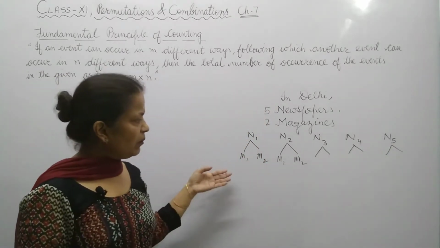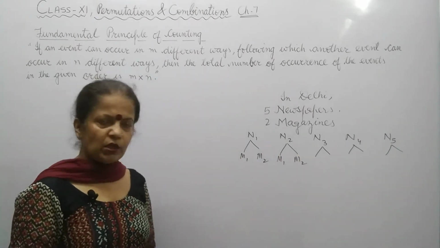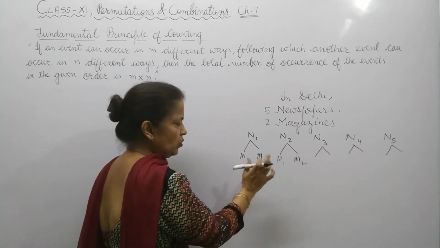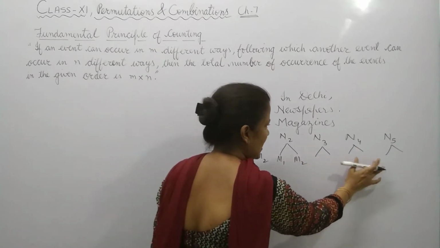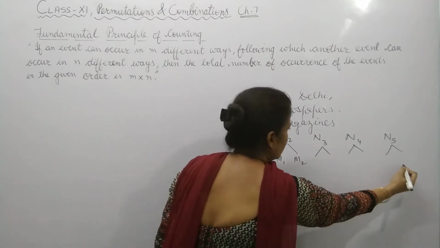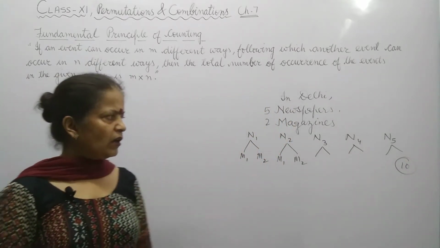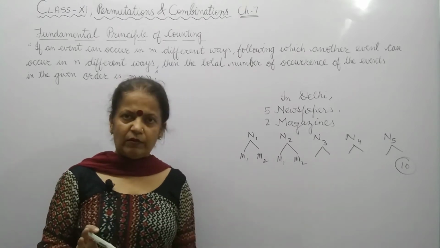So can you tell me the total number of cases in which he can choose? Look here, 1, 2, 3, 4, 5, 6, 7, 8, 9 and 10. So the total number of ways in which he can choose the newspaper along with the magazine is 10.